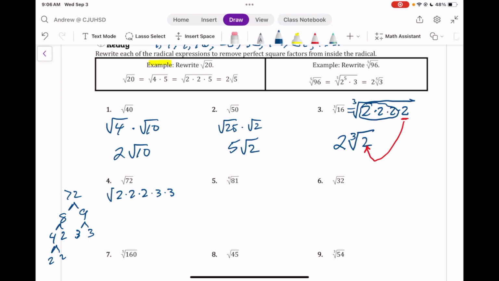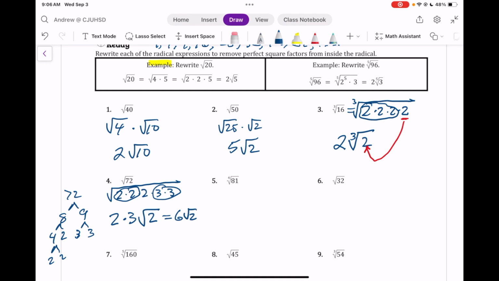Now, if I'm under the square root, groups of 2 get to come out. So 2 2's come out as 1, 2, 2 3's come out as 1, 3, and then there's a 2 inside that's like an orphan. It's stuck inside. So square root of 2, and then I go ahead and multiply the 2 and the 3 together. So it's 6 root 2.